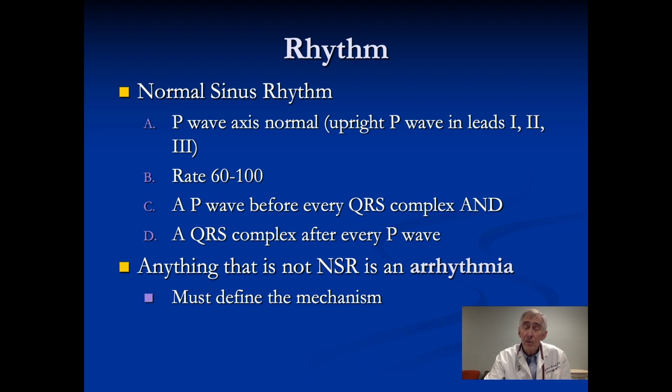But the P wave is really the marker for sinus rhythm, and whether or not there's a P wave before every QRS and a QRS after every P is nice if it's normal, but we can have sinus rhythm with complete heart block. We can have sinus rhythm even in ventricular tachycardia. So this is a complex phenomenon that needs a close look later.